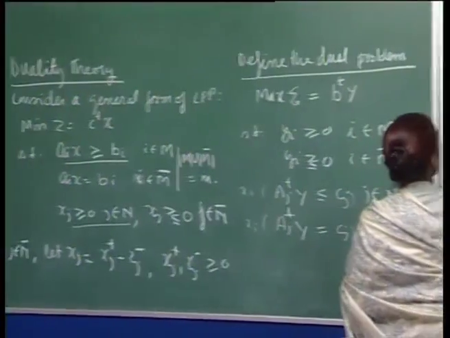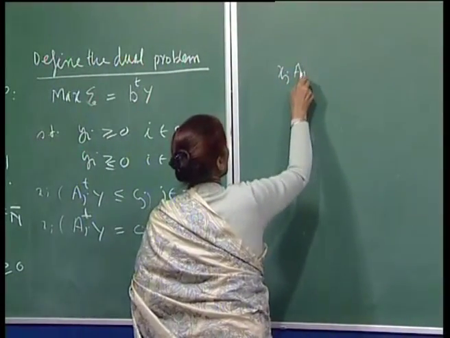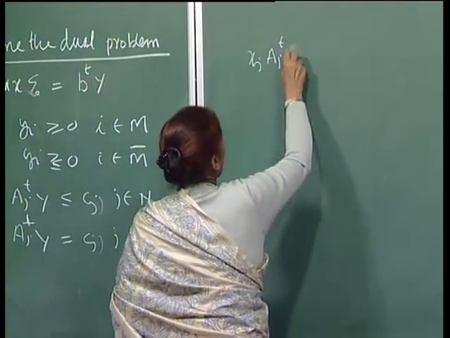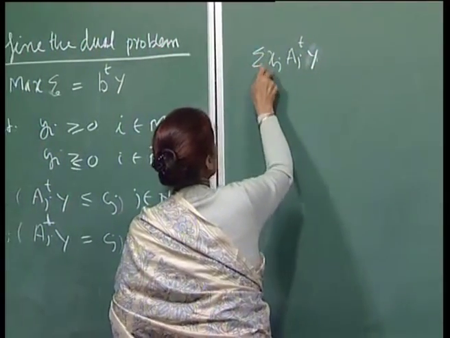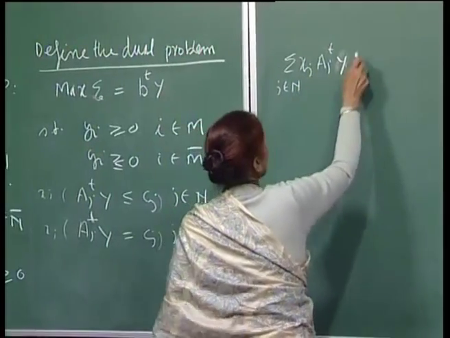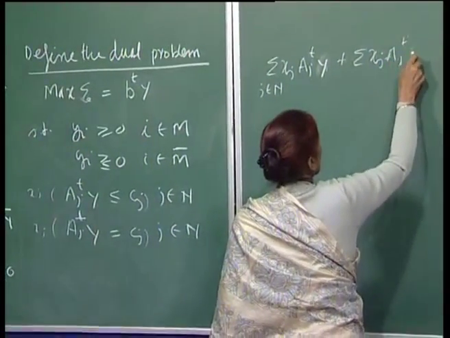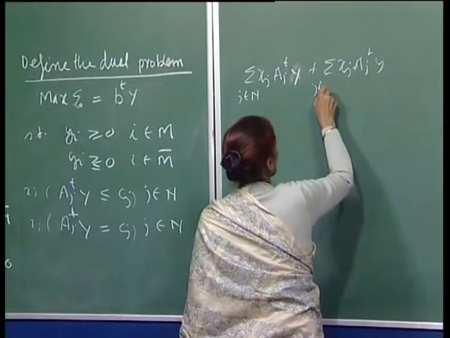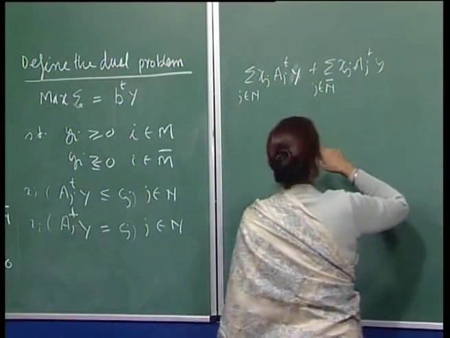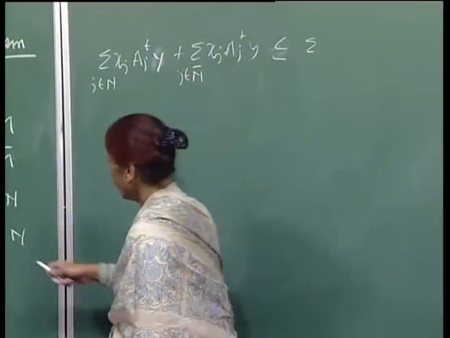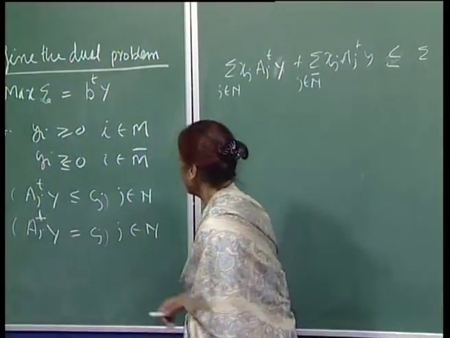So, this will give me summation xj aj transpose y, j belonging to n, plus summation xj aj transpose y, j belonging to n bar. This will give me less than or equal to cj xj, because this contributes to the less than or equal to sign.